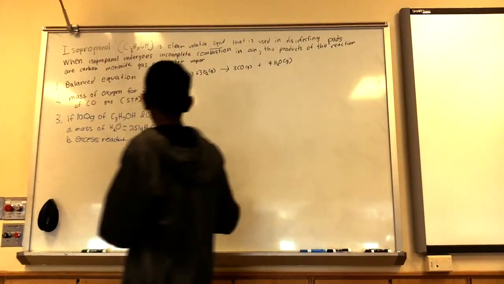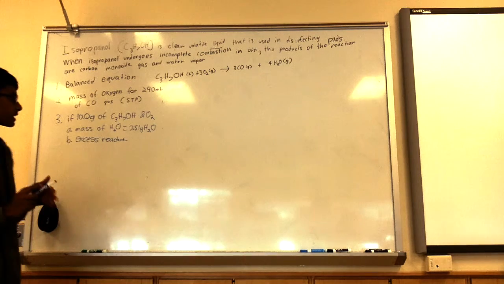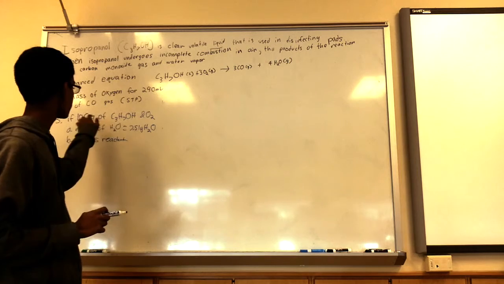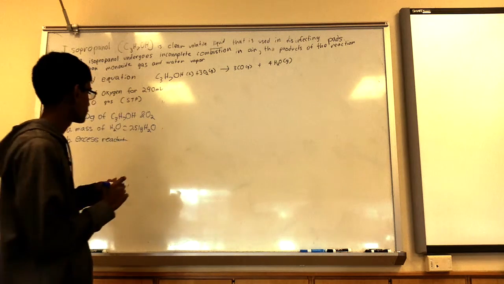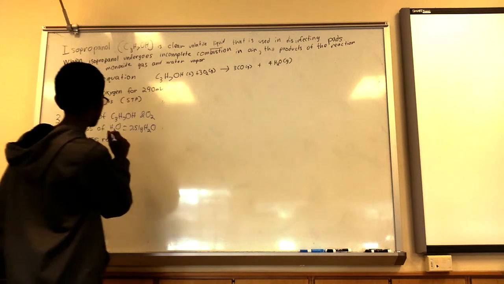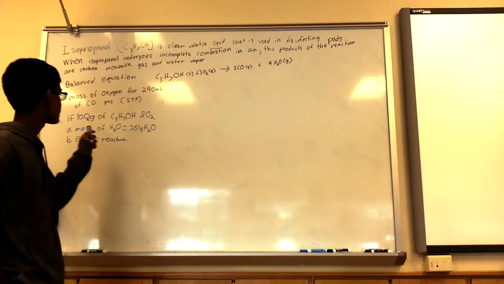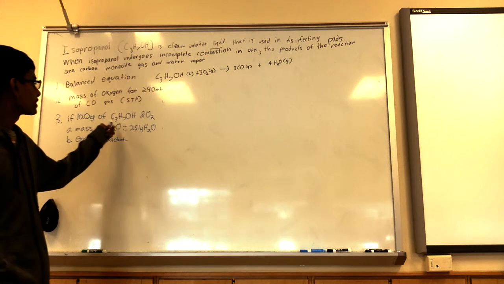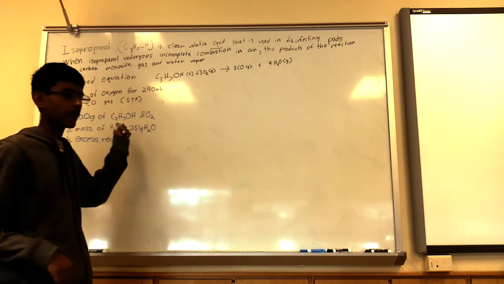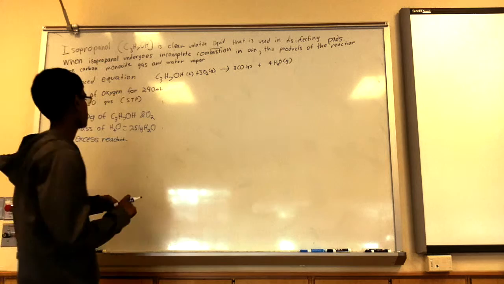Okay, so now we're moving on to the second part of number 3, which is finding the mass of our excess reactant. So we know that we have 10 grams of O2 since that is our limiting reactant. And to find the mass of the excess reactant, we need to find the theoretical mass of our isopropanol and take the actual and subtract that by the theoretical.